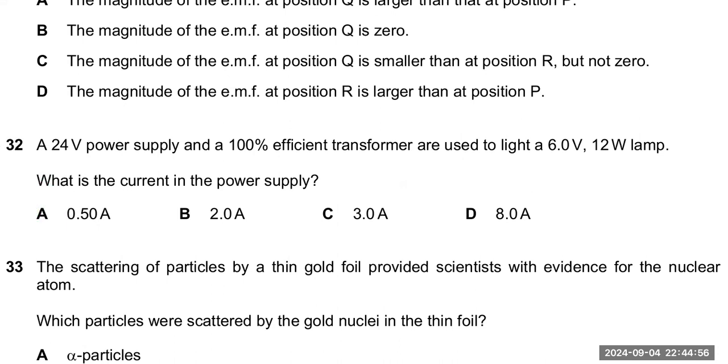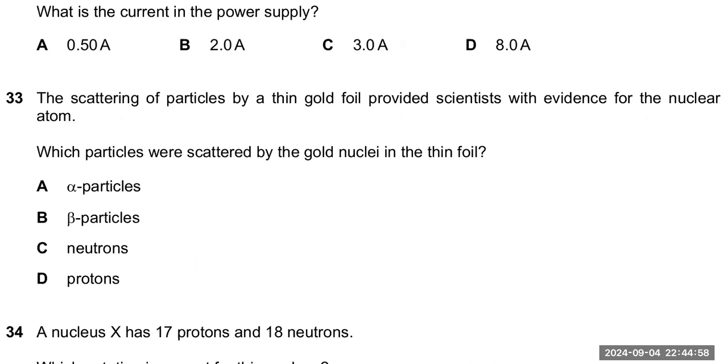Now move towards question 33. The scattering of particles via thin gold foil provided scientists with evidence for the nuclear atom. Which particles were scattered by the gold nuclei in the thin foil? This question is related to the Rutherford experiment. Rutherford used alpha particles that fall on the gold foil.